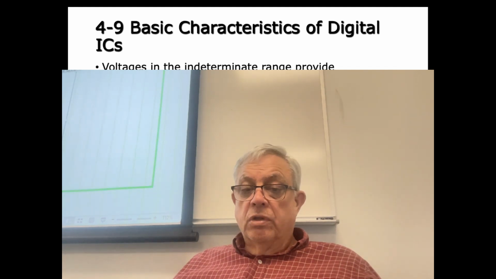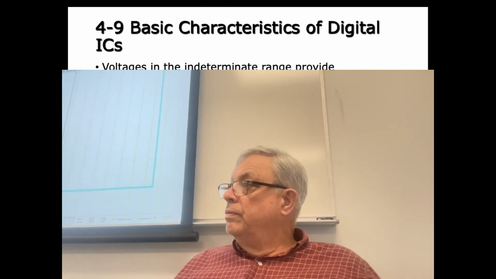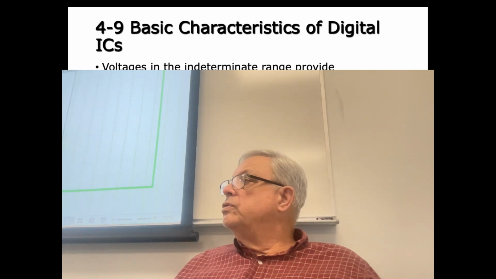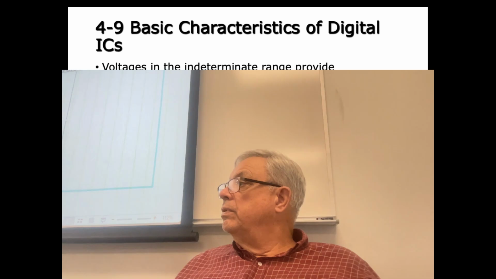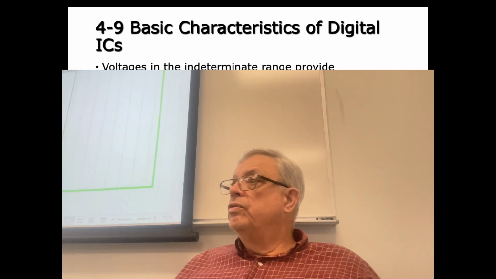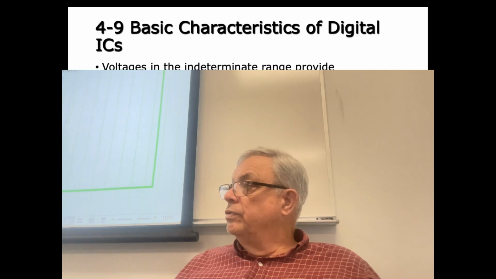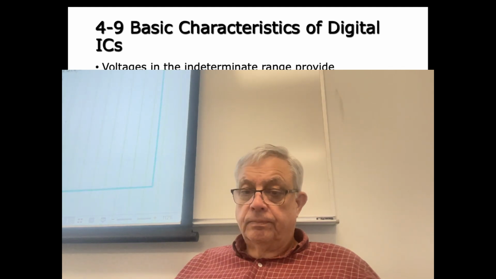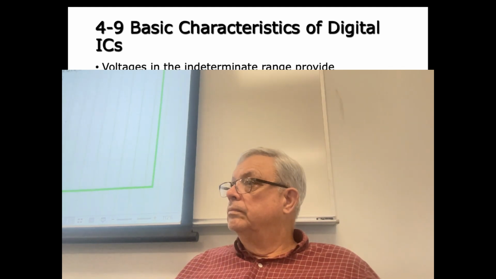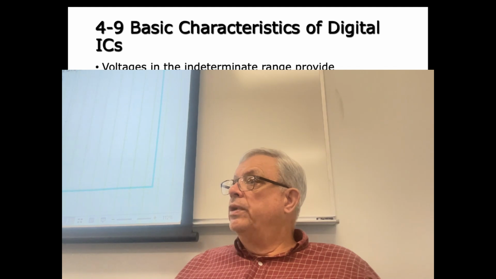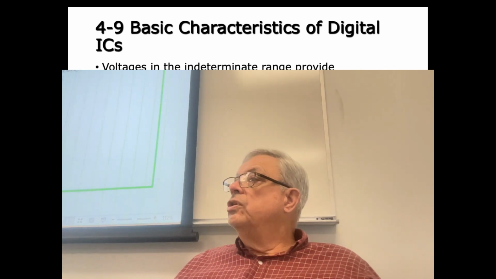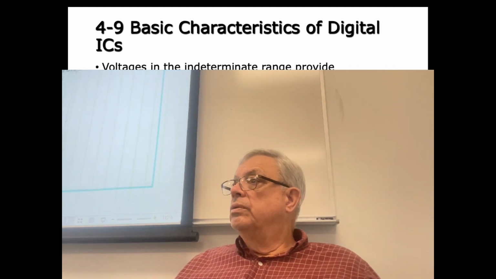The only thing that's going to load this into the indeterminate zone, if it's a 1 and I've got too many chips that I'm trying to drive, and I'm putting current into too many chips, then I may not be able to put out enough voltage to get this above 2 volts. Oh, I see what you're saying. What is happening in that area? Indeterminate. It doesn't know whether to treat it as a 1 or a 0.